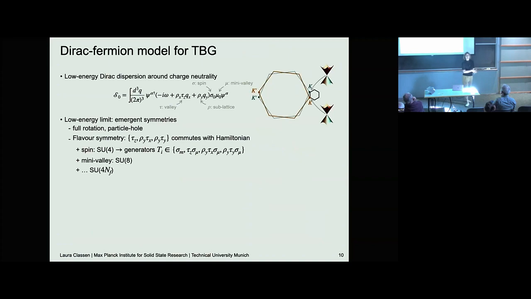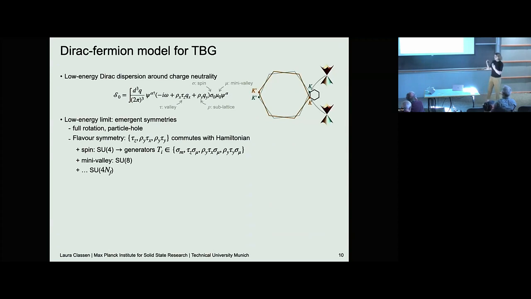Because we are considering this low energy limit, there are emergent symmetries. On the one hand, we now have a full rotation symmetry, not just C3, as well as emergent particle-hole symmetry. But there's another symmetry, which I'm going to call flavor symmetry, that goes back to which of basically the Pauli matrices commute with our Hamiltonian in the Dirac language.